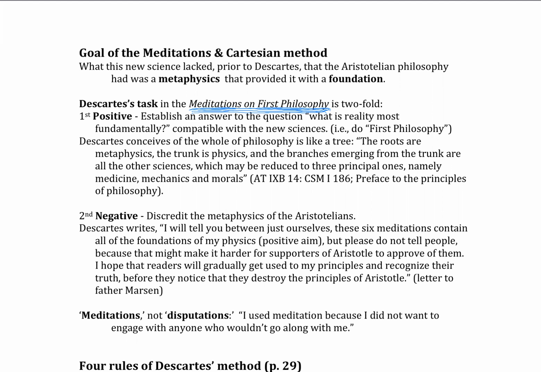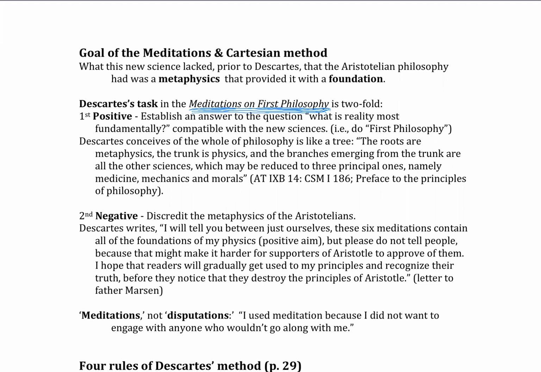But before we turn to that, let me say a little bit about how Descartes conceived of his own project. What the new science lacked prior to Descartes, we saw how it got this robust mathematical, unified, mechanical conception of physics and physical nature.